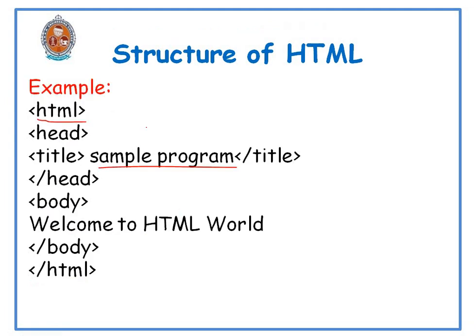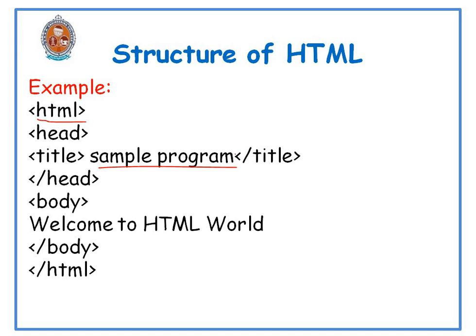Coming to the example program, we already know that every HTML program starts with a starting HTML tag, and after that we have the header tag, and inside the header tag we have the title tag. Inside the title tag, we have written a sample program.